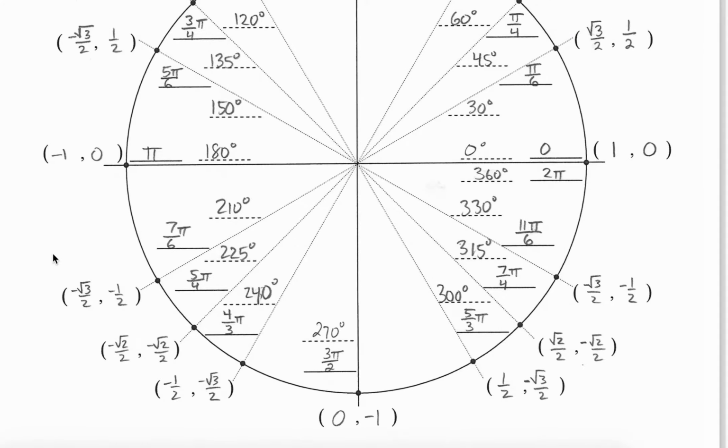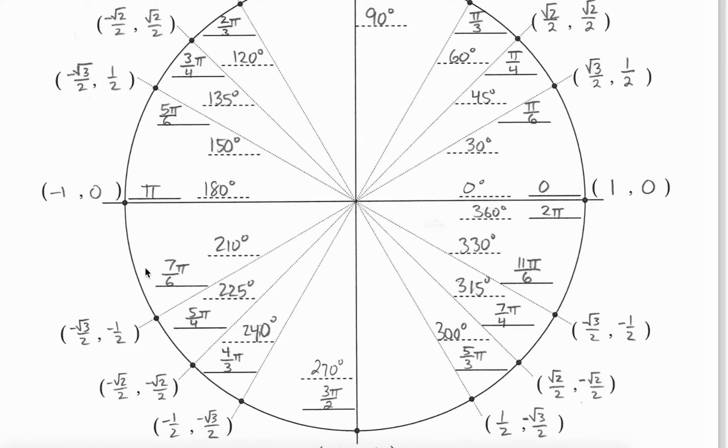Another way that you can describe similar coordinates here is you can just look across at opposite angles. So if I look here at 210 degrees and I trace that back over to this side, I have 30 degrees. These coordinates are the exact same, again, except they're negative over here in the third quadrant.